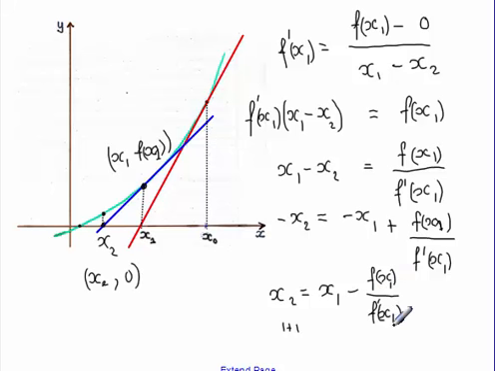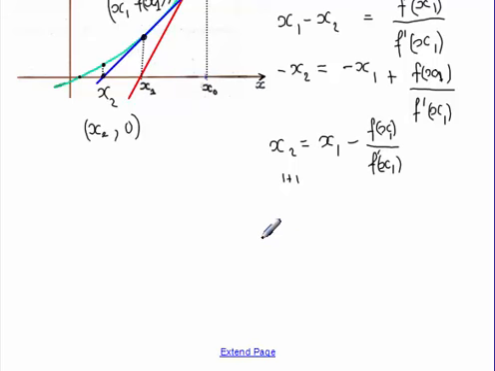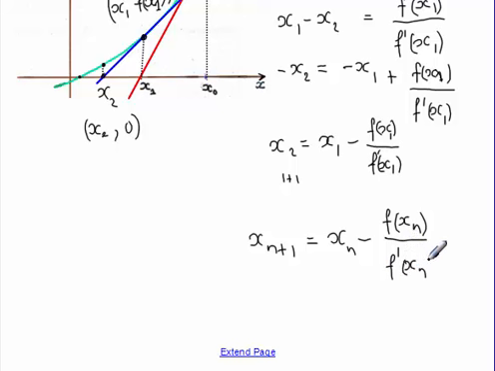So the number which is used there and there and there, you add 1 to it, you get the next approximation, which sort of tells us that if we wanted to go up to n plus 1, then this would look like x n plus 1 equals x n, minus f of x n over f prime at x n.